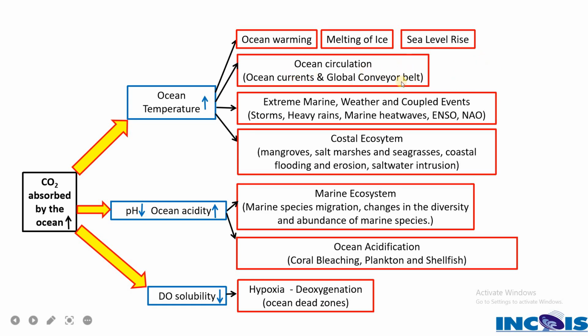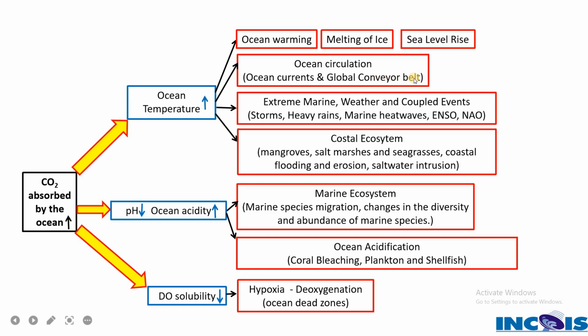Similarly, the global conveyor belt. The global conveyor belt is a major global ocean circulation from top to bottom of the ocean, in the three major oceans: Pacific, Indian, and Atlantic Ocean.